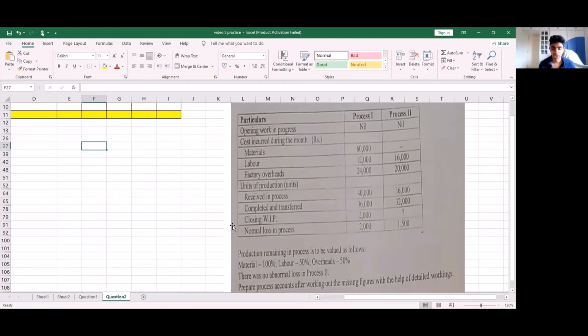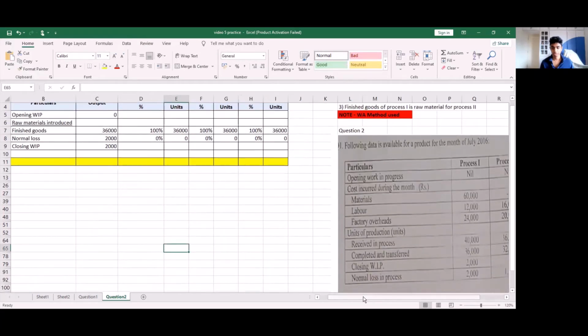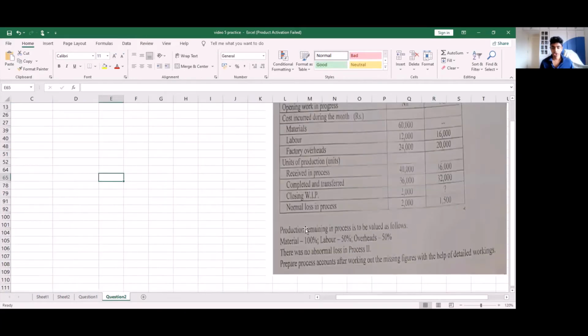So let's first account for our closing work in progress. We are given that our closing work in progress is 2000 units for process 1. So we will write closing work in progress 2000. And as for degree of completion, we have been given that production remaining in process, which is nothing but our closing work in progress, is valued as follows.